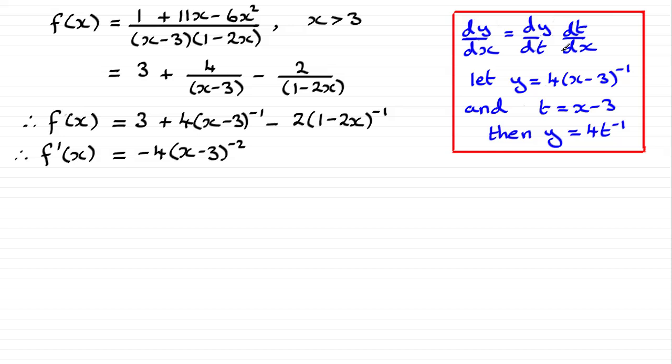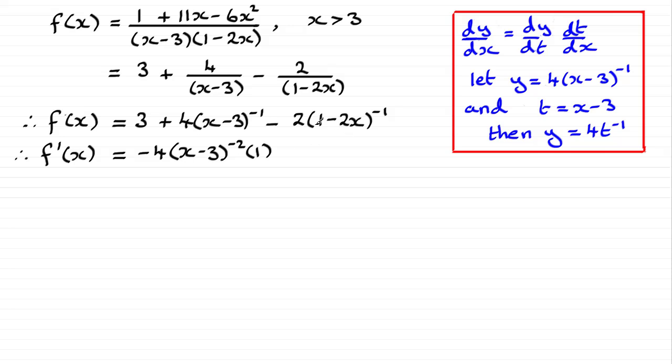And then we need to multiply it with dt by dx. Differentiate what we called t, which was x minus 3, with respect to x. Differential of x minus 3 with respect to x is just going to be 1. So what I'm trying to show you here is how I would do it without really writing this out. That's how I'm thinking about it.